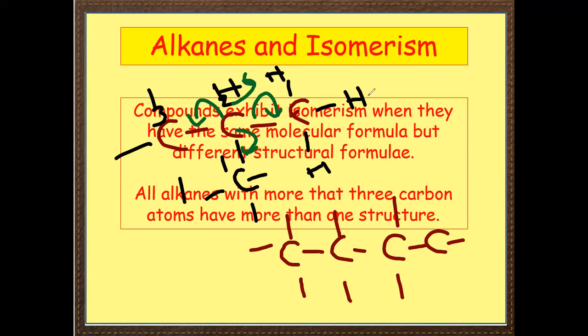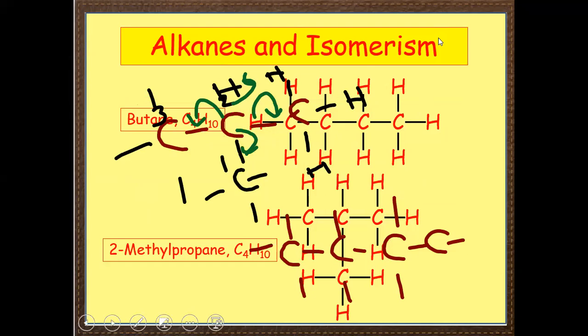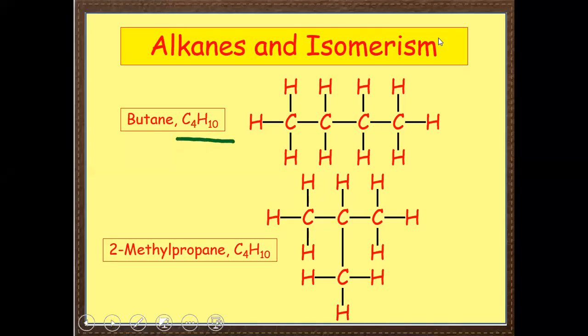So now the name of this structure is going to be changed. Here is the example. You can see here butane C4H10, and the second structure, again the same one, but we make it different.